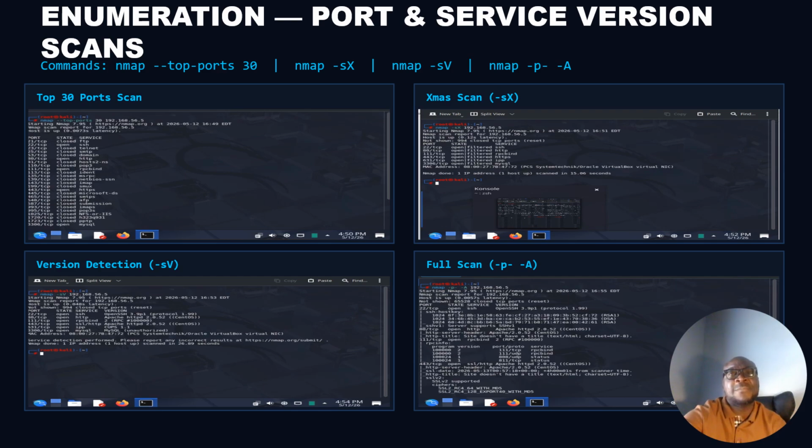All of these findings feed directly into our vulnerability hypothesis.